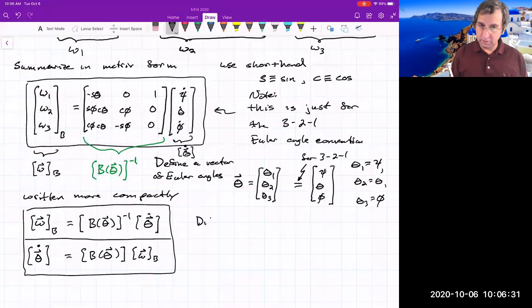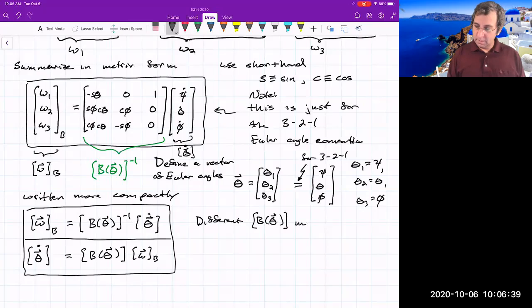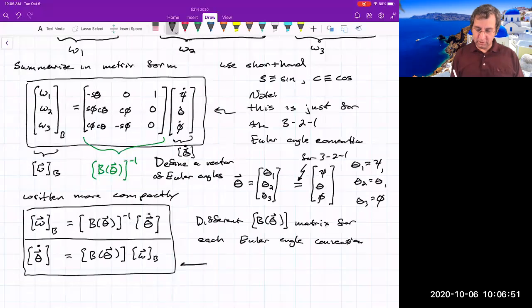So we have a different B matrix for each Euler angle convention. And this thing that's got the rates of change, this is what I called up above, the kinematic equations.